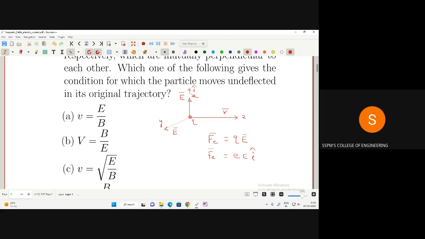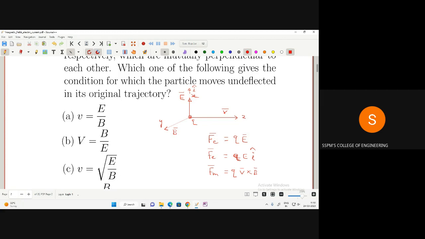And the magnetic field is also present. Due to the magnetic field, a magnetic force is exerted on the charge, and that is determined with the help of the equation q into V bar cross B bar, where V bar is the velocity vector and B bar is the magnetic induction or magnetic flux density.